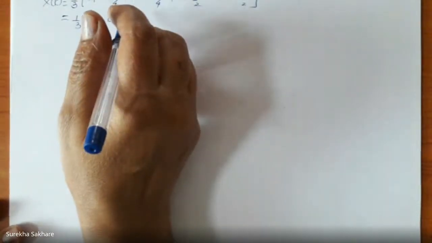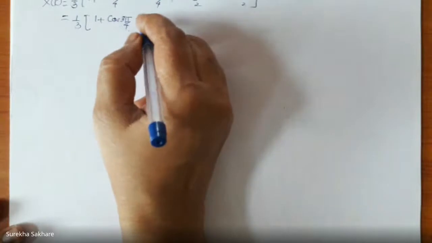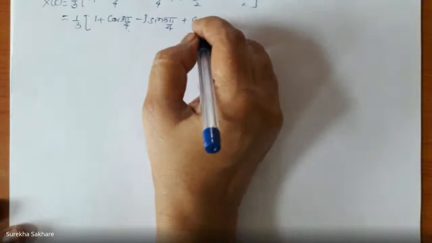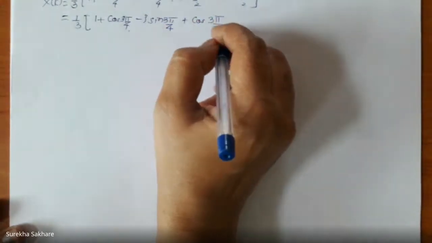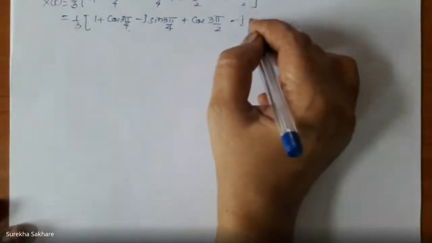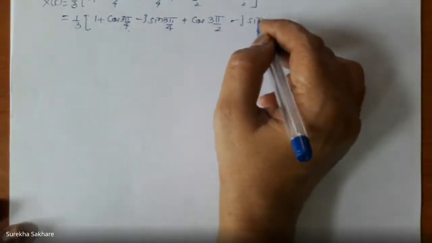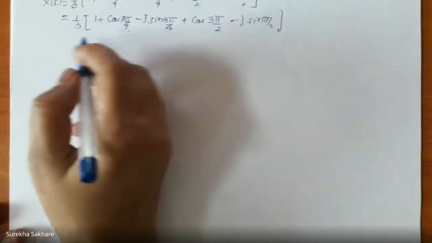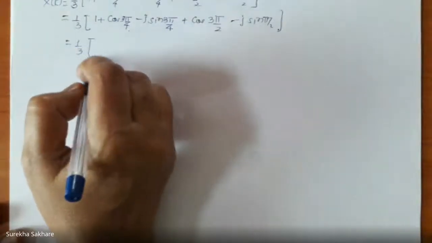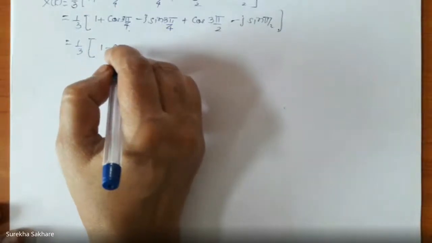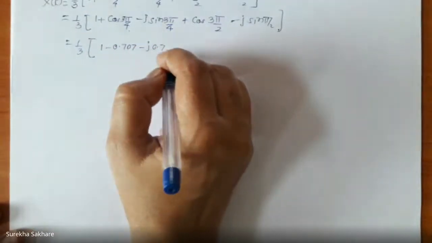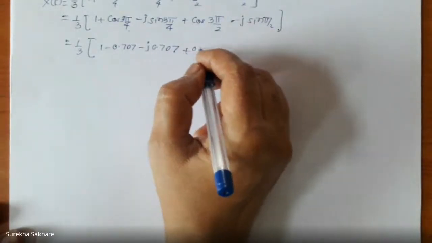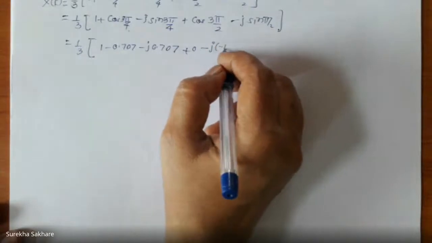I've rewritten this actually: 1 by 3, 1 minus 0.707 minus j 0.707, then plus 0 minus j into minus 1, since sin 3 pi by 2 is minus 1.